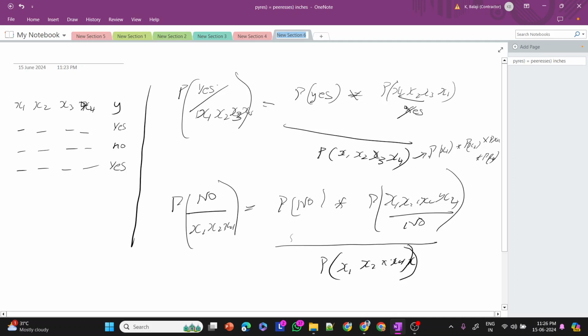Seeing these two conditions, the denominator has the same form, so we can consider it a constant. We will eliminate this denominator and compute only the numerator.